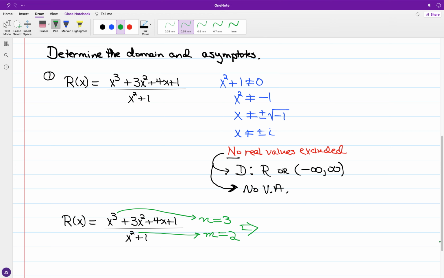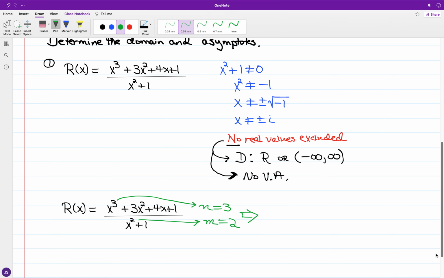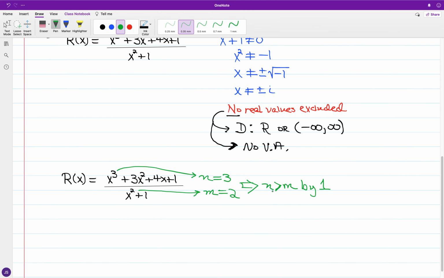So we have n at 3, m at 2, and 3 is greater than 2, and the difference is 1. And again, we're going to have a slant asymptote. So n is greater than m by 1.